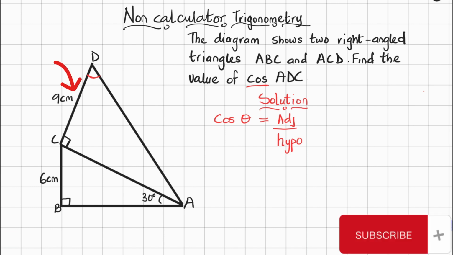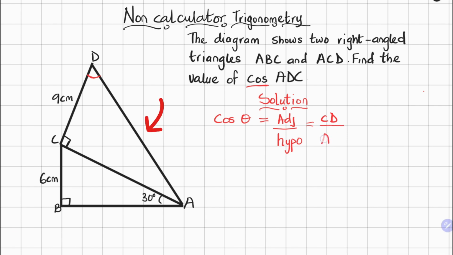As far as this triangle is concerned, the adjacent of that angle there is side CD, and the hypotenuse of that triangle is the side AD. Now, we've been given CD in the question, but we do not know what AD is. Not yet, but we can find it.